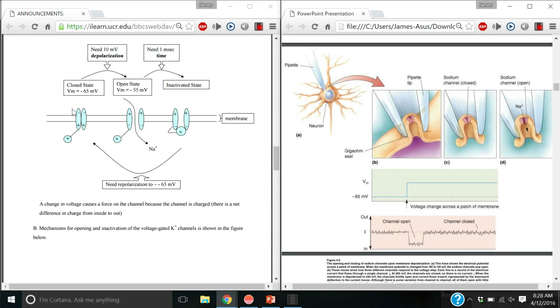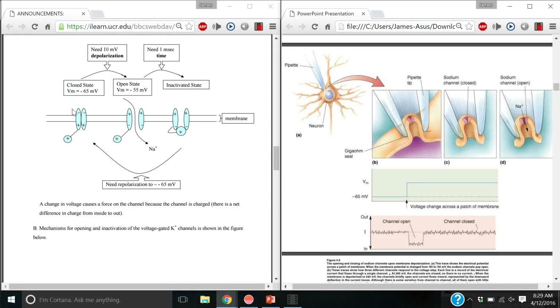And the subunits themselves have amino acids through them, some of which are charged and some of which are not. They slide against each other. So the opening isn't just a pop open like this, it's more of a sliding open. And that sliding of the amino acids within the protein itself is what causes the redistribution of charges. It's not the sodium flowing through. In fact, this will happen even if no sodium is flowing through. That's been measured.